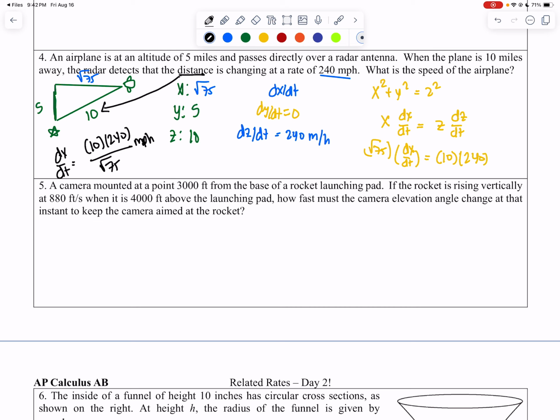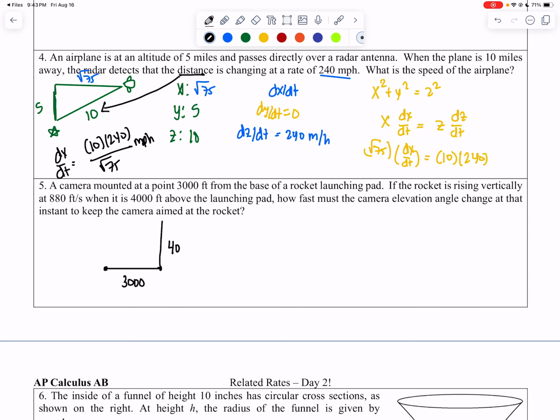All right. Number 5. We have a camera that's pointed 3,000 feet from the base of a rocket launching pad. So we have a camera, 3,000 feet. The rocket is rising vertically at 880 feet per second when it is 4,000 feet above the launching pad.